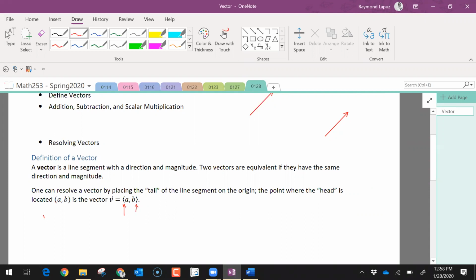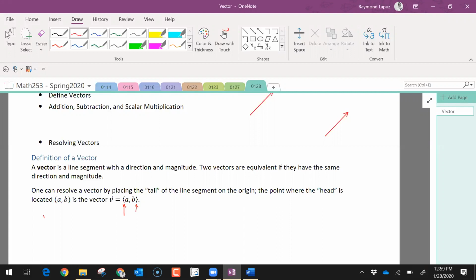Angle brackets. So these angle brackets make up your vector notation. At least that's one way to establish the notation. So resolving a vector means placing the tail of the vector at the origin.